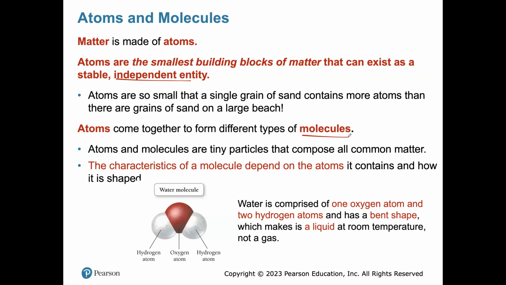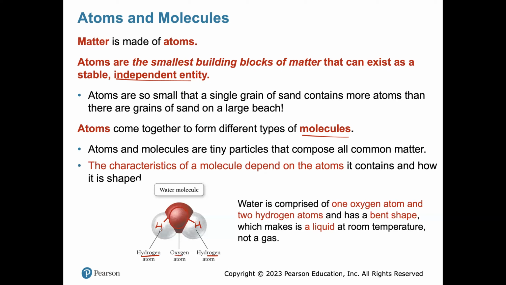One water molecule is made of two hydrogen atoms and one oxygen atom. The oxygen atom is in the middle, bound with two hydrogen atoms. This molecule is not linear.